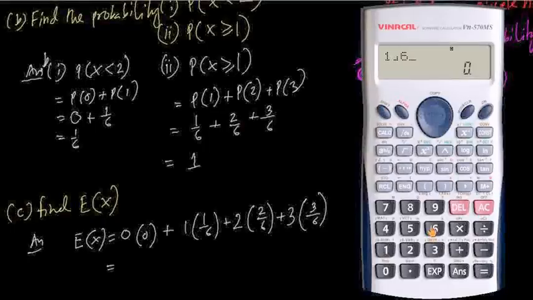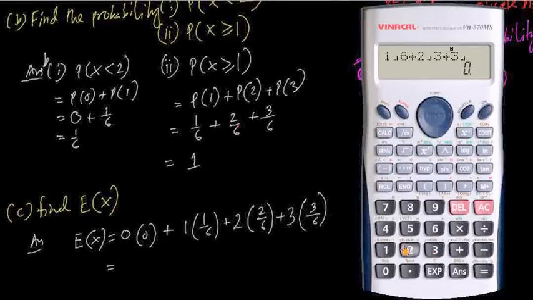It's a good idea not to put everything in the calculator. Do some of the work in your head and do the rest in the calculator. So this is 1 by 6 plus, 2 divided by 6 is 1 by 3, so 2 by 3. So this is going to be 2 by 3 plus 3 into 3 by 6, which is 1 by 2, and this is going to be 3 by 2.